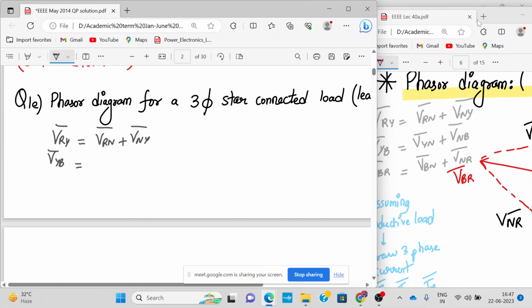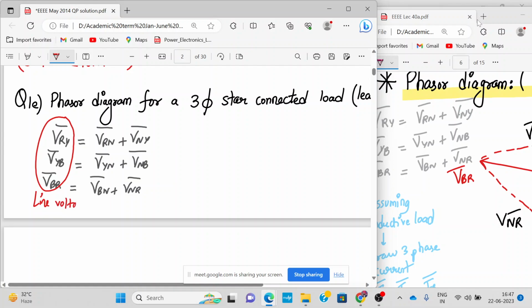VYB is VYN plus VNB. Somehow you have to remember it. VBR is VBN plus VNR. And these are line voltages. Is that clear to you?